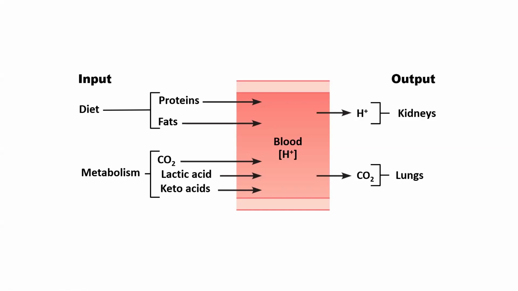So if you're not using glucose as your main source of fuel, let's say you're on a ketogenic diet, or if you're using mainly fats as your fuel, the breakdown product of fats is these keto acids like hydroxybutyric acid and so on, and they are quite acidic. So these are the things that contribute to having quite an acidic state in the blood, and so we need to balance these through the kidneys and through the lungs.